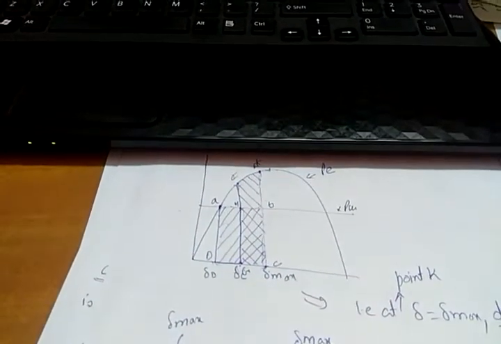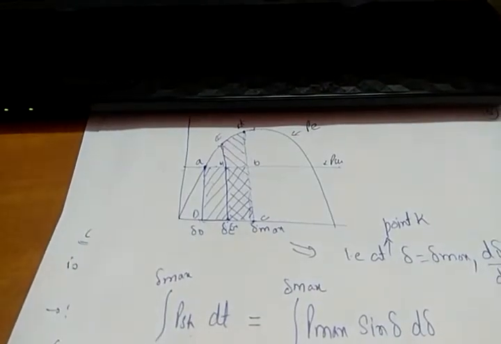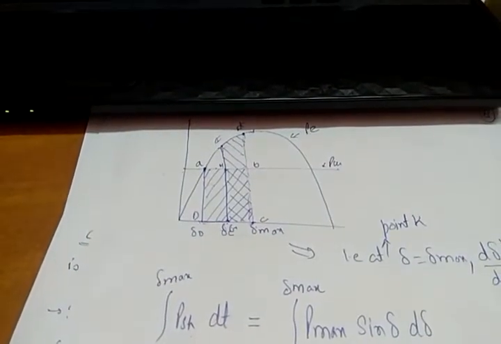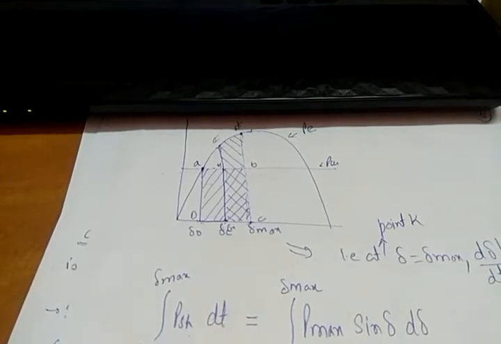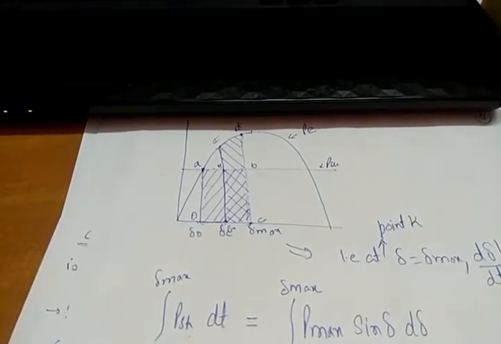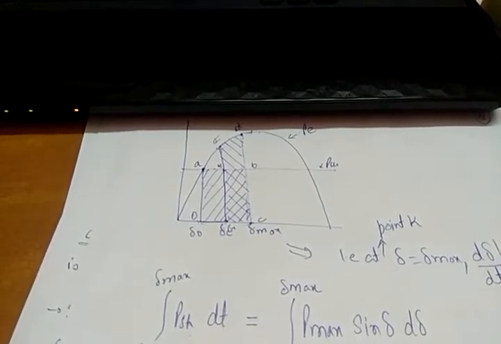If you see from delta naught to delta C, the area made by the electrical power is 0. So it should be from delta C to delta max.